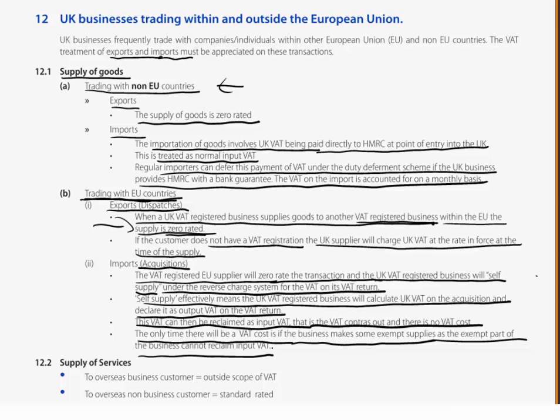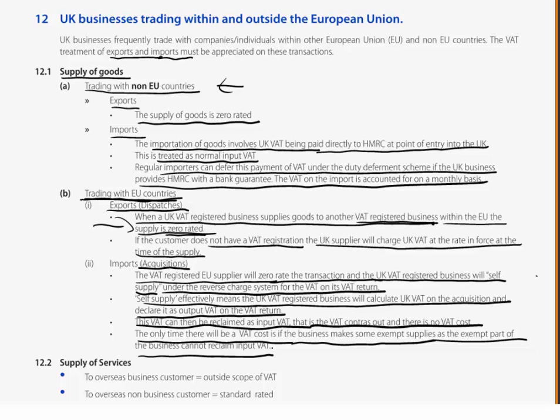So here's the reason why they go to the trouble of making us account for the output VAT on the purchase from the overseas business, either at the point of entry if we buy in from the Chinese company, or on our VAT return as output VAT if we buy in from the German company.